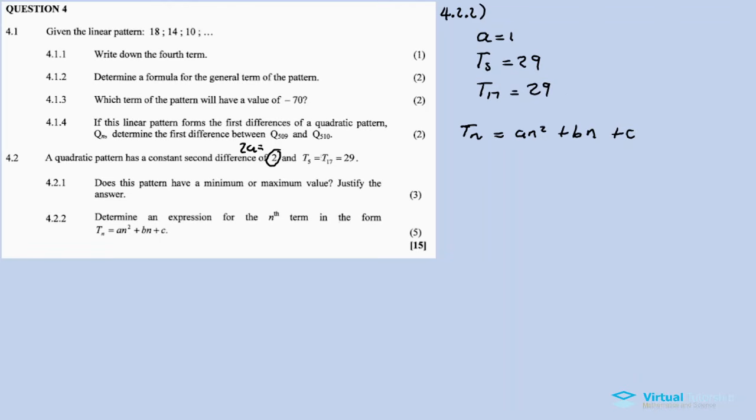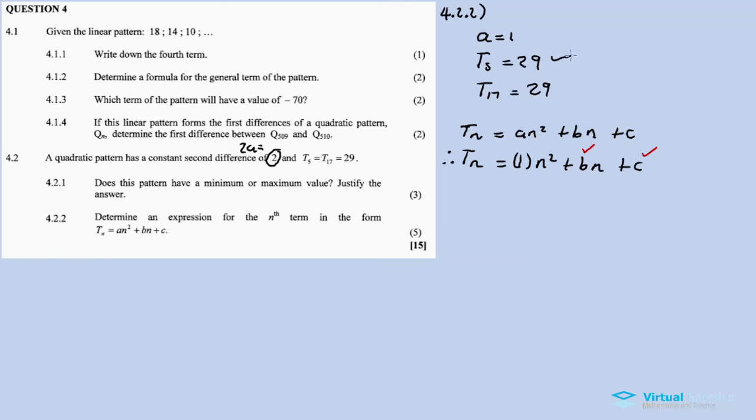So since you know a is 1, the expression is n squared plus bn plus c. Now I need to find b and c. In other words, I need a simultaneous equation to find b and c.